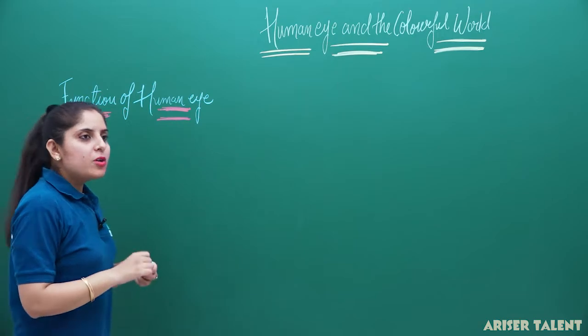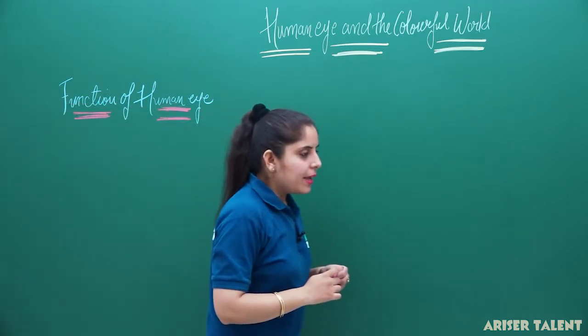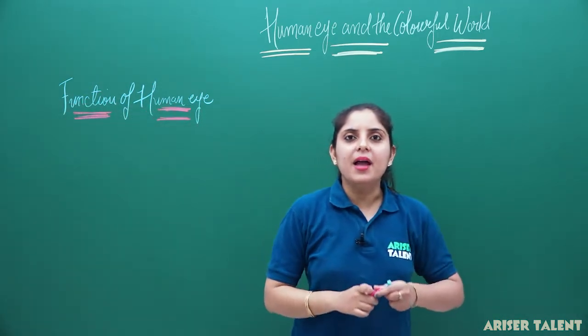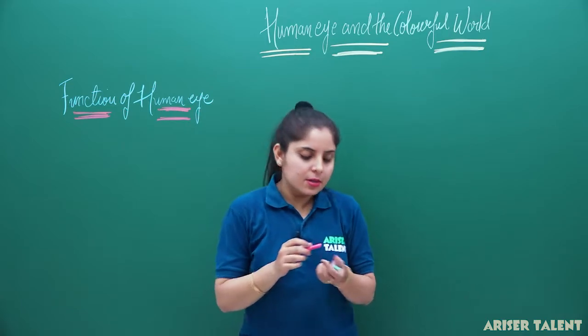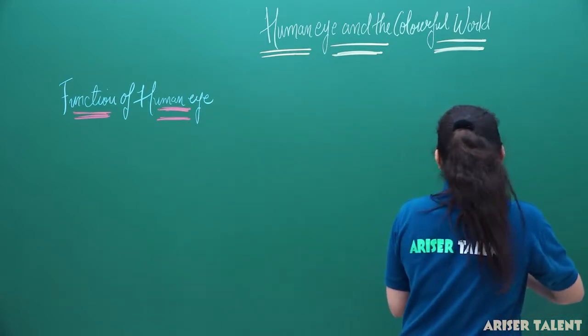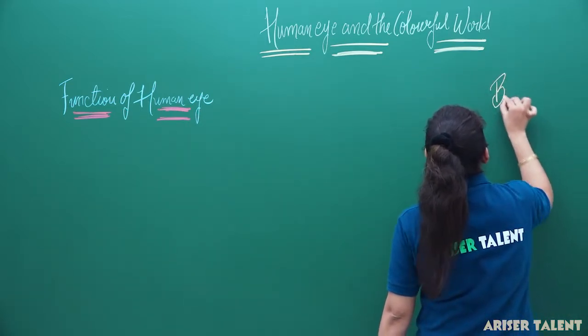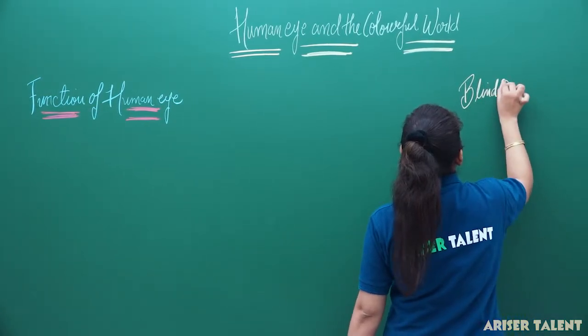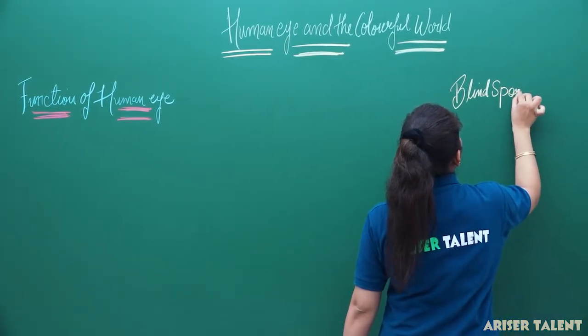Now, before starting the functioning of the human eye, let's discuss one more term, known as the blind spot. You can see it in the structure of the eye. Now, what is this blind spot?